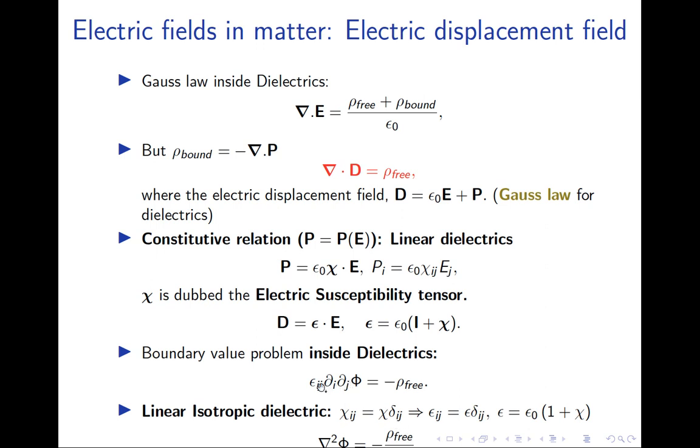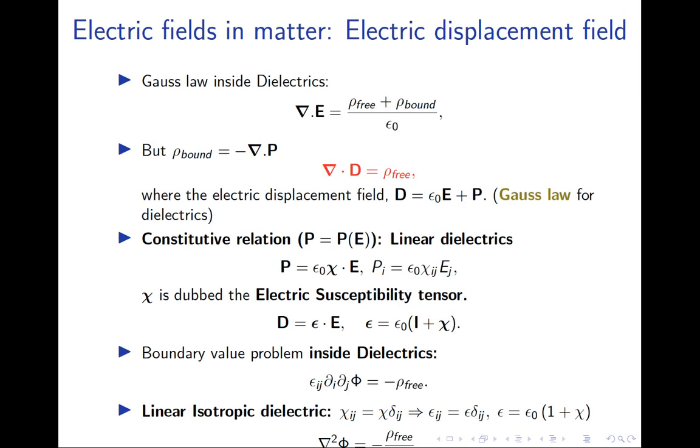This equation will then become the regular Poisson equation. I'm sorry, the equation got cut off at the denominator, but this side will become epsilon delta ij. You can easily see what happens if you substitute epsilon delta ij here, then it becomes this number epsilon times the Laplacian equal to minus rho free, and then that epsilon number you can send to the denominator, so it will be minus grad square phi, or Laplacian phi, equal to minus rho free divided by epsilon, not epsilon naught, by epsilon.